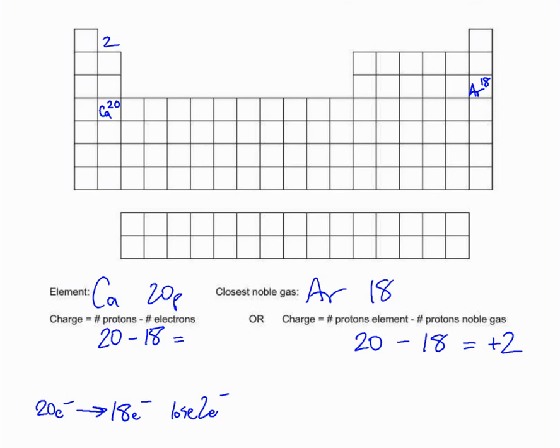Positive 2, charge of all group 2 elements. With group 1 and 2, it's actually pretty easy. As long as you remember they're positive, the number is the same as the group number.